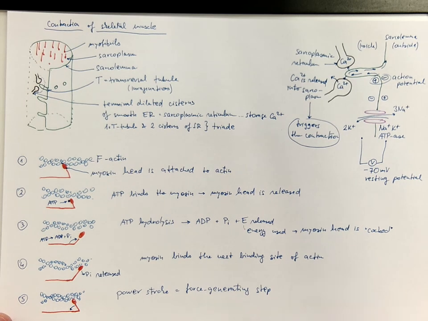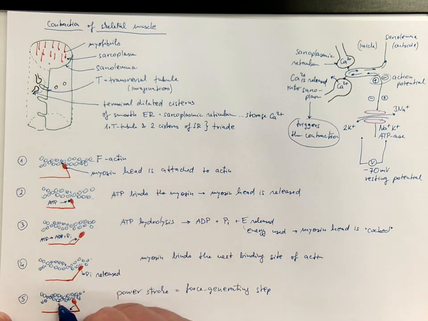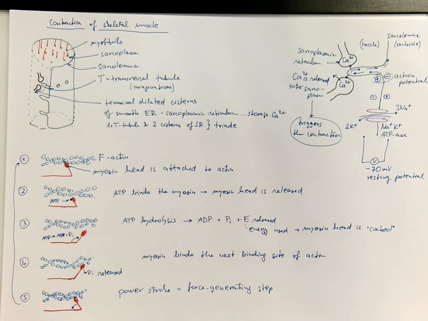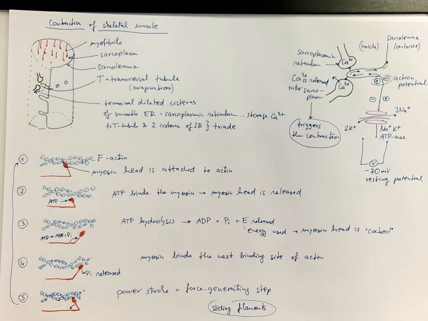And if you look more closely, step number 5 looks exactly like step number 1, but we have moved from this to this binding site. So there has been a sliding of the filaments. So this whole thing is called sliding filaments.